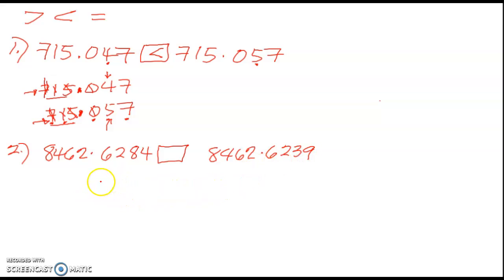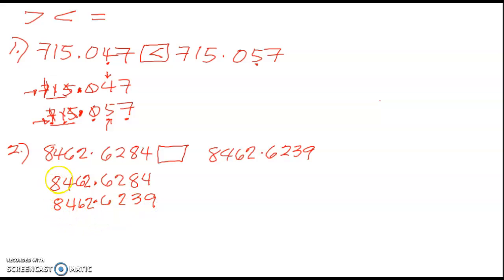Again, let us align the decimal points. We have here 8,462, 6,284, and another one is 8,462 and 6,239.